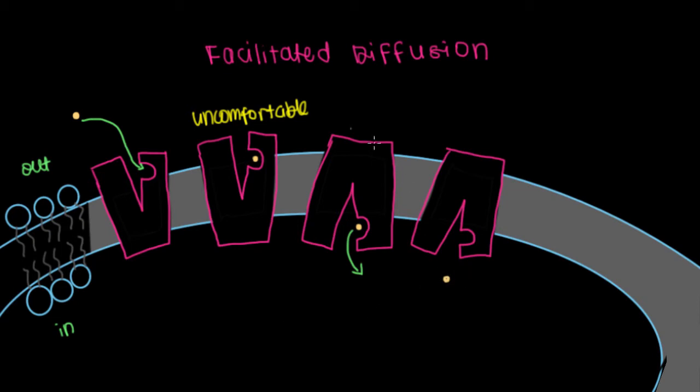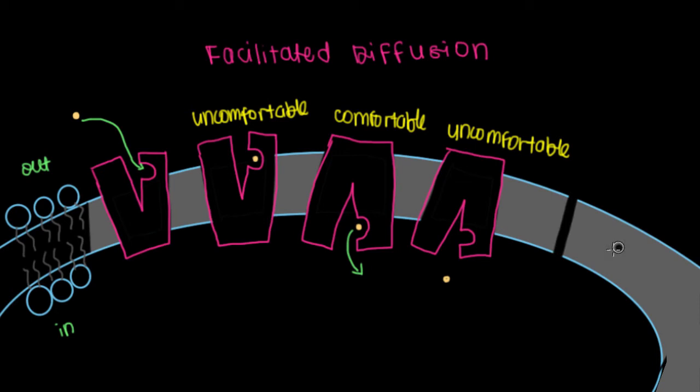And so what's happened along the way is that when we made this switch from this uncomfortable shape to this relatively more comfortable shape, it allowed our chloride to exit. And now that it's exited into the inside of our cell, our protein has become uncomfortable again. And so now that it's uncomfortable, it needs to shift.